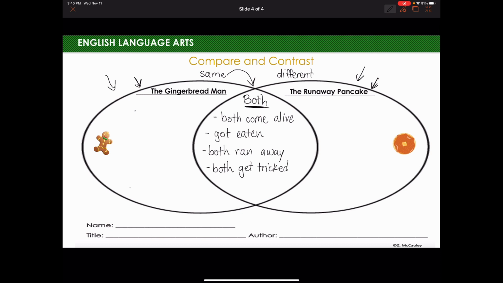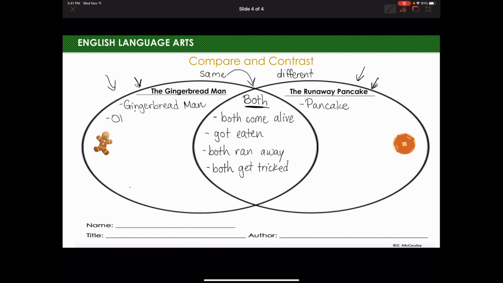Okay, so now let's talk about how they were different. Well, the two main characters were different, weren't they? In this one, the main character was a gingerbread man. Versus the runaway pancake, the main character was the pancake. Okay, then who chased after the gingerbread man?